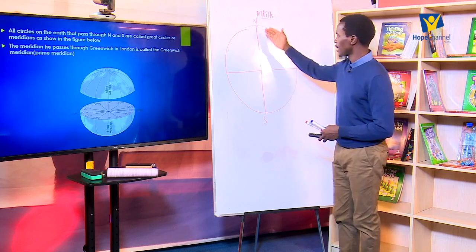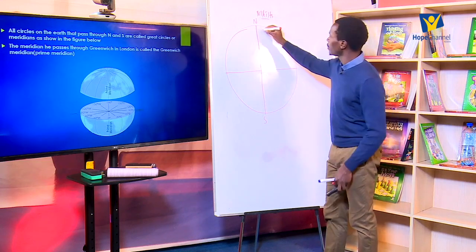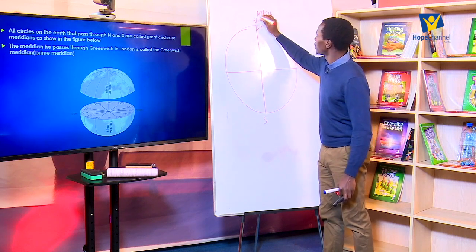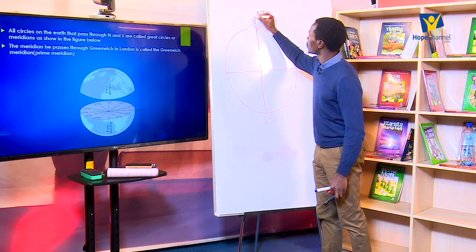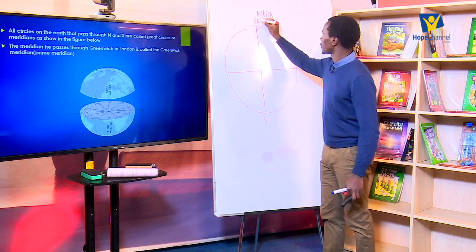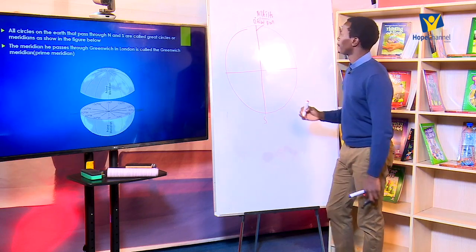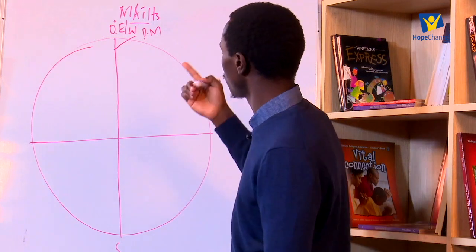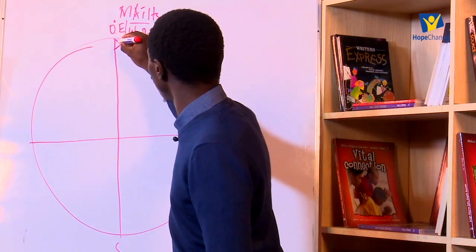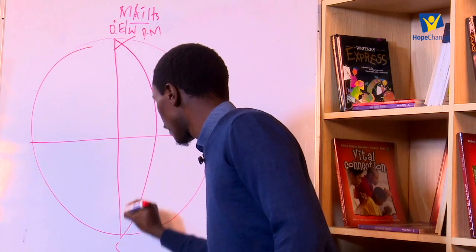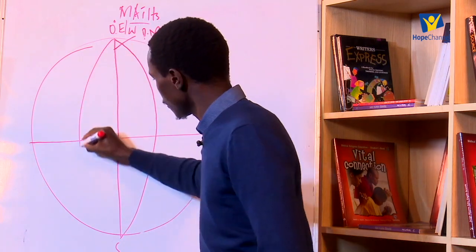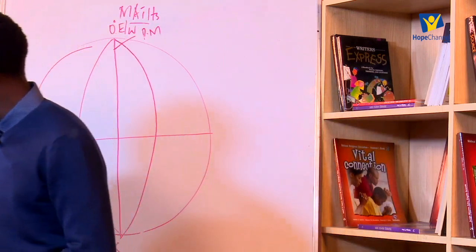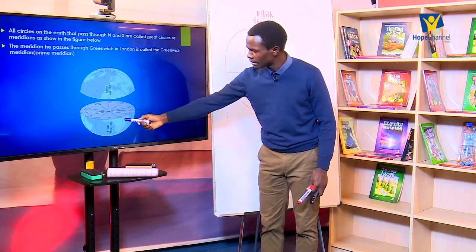So let's say this is the Greenwich meridian or the prime meridian. It is at 0 degrees east or west. Now any circle that runs from the north to the south, we call it a meridian. Just like you can see from this diagram here, we have a meridian showing 30 degrees east.